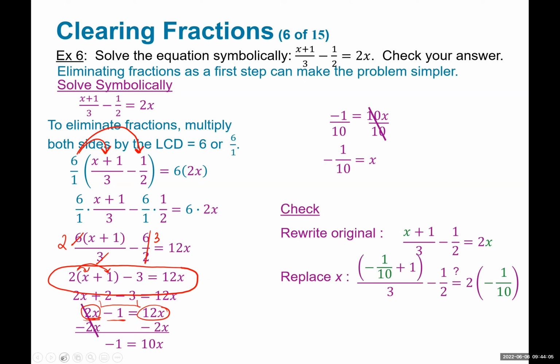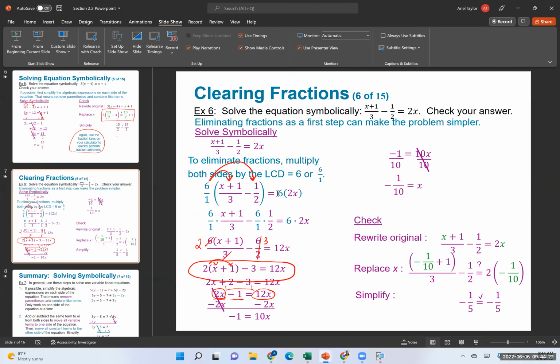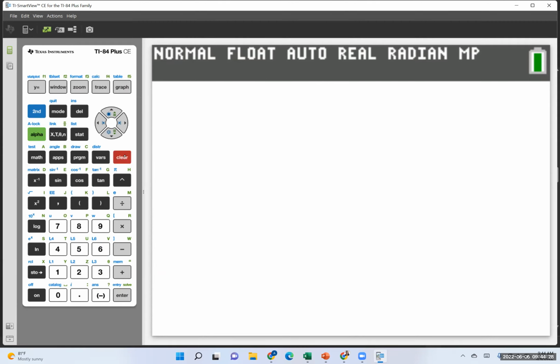Use the calculator and let's see if it's actually true. So this one may be difficult to type in, so I'm going to show you on the calculator how you can do that. Okay. Parentheses. Actually, I want to type all of this in as a fraction.